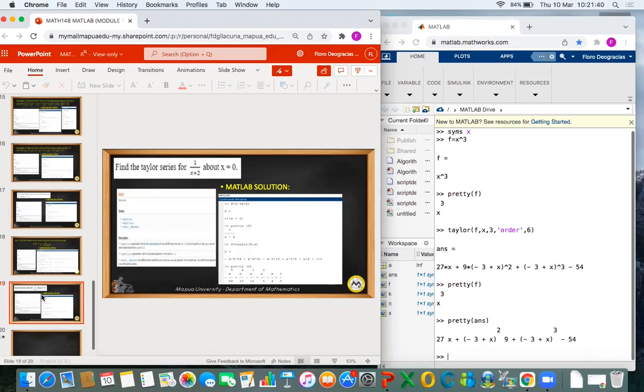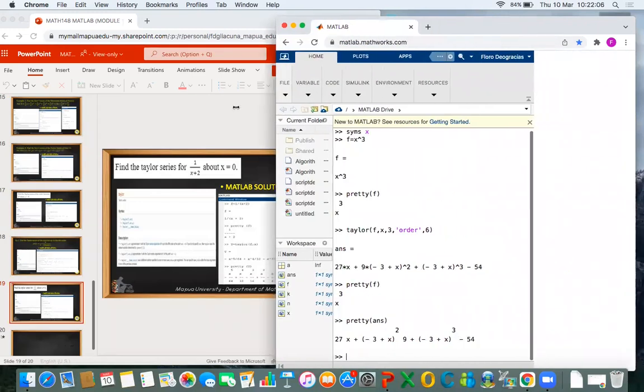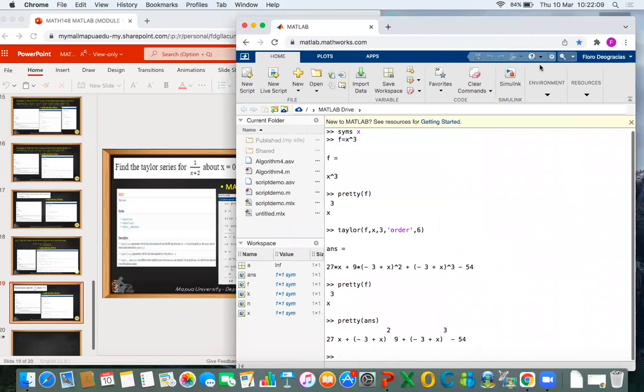Okay. But then there are many topics that we have discussed in module 1. Actually, class, you can still check on the help center by typing the topics that we have discussed. Let's say you want to check if there is syntax for radius and interval of convergence. So just go here, class, to the help center.